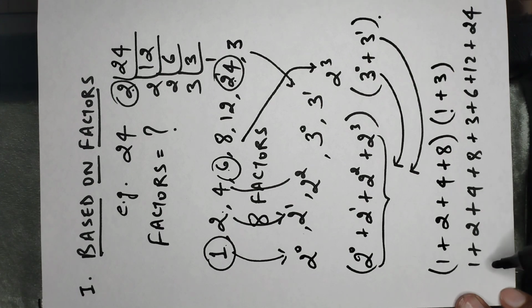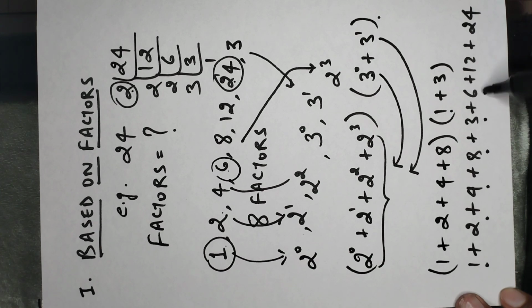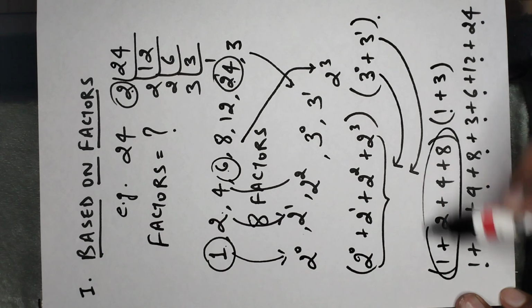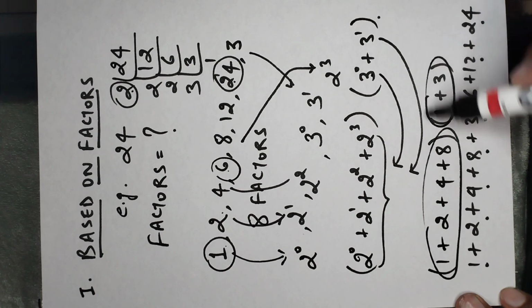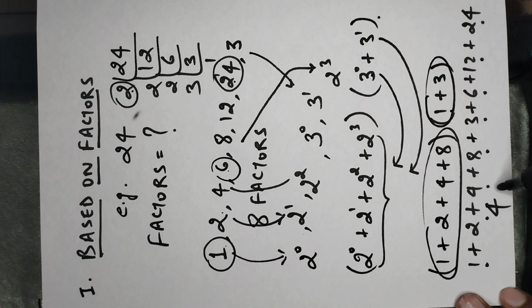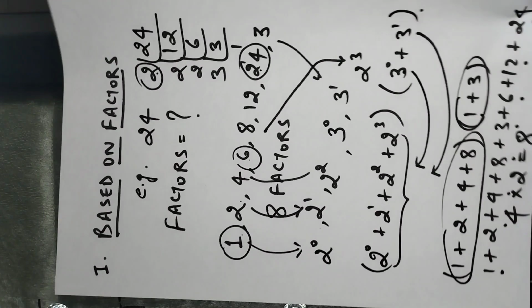This is how I can write them. Now as you can see, I got 8 factors from here: 1, 2, 3, 4, 5, 6, 7 and 8. So how did I get these 8? I got 4 factors from here, 2 factors from here, and 4 multiplied by 2 gives us 8.